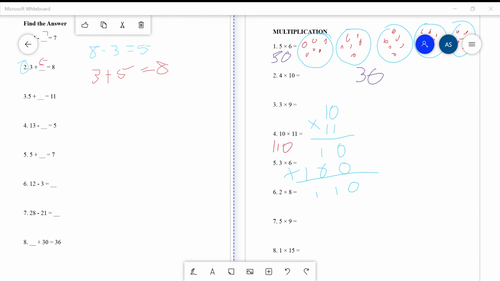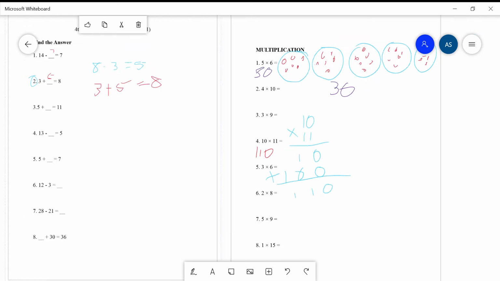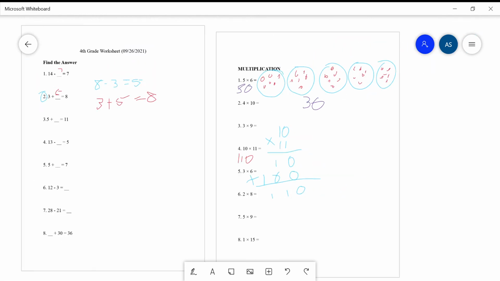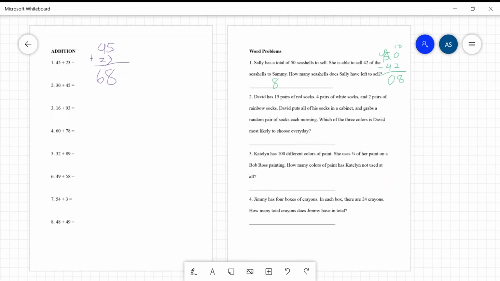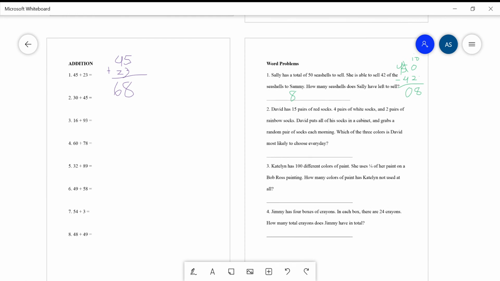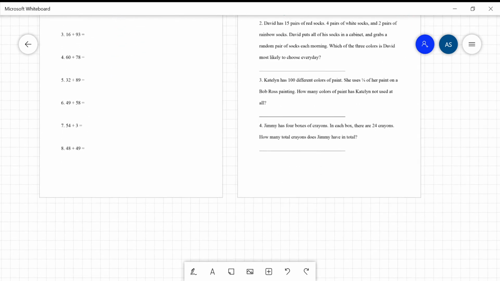Oh, I believe they got this confused, but on the answer key it says it's for subtraction, but it's actually for addition. So where it's a subtraction word problem over here, just know that it's going to be the addition ones.